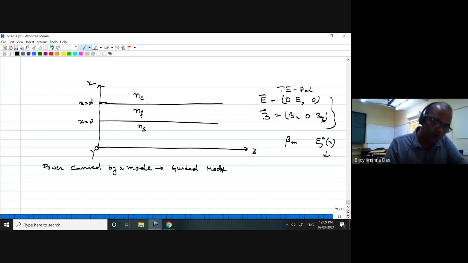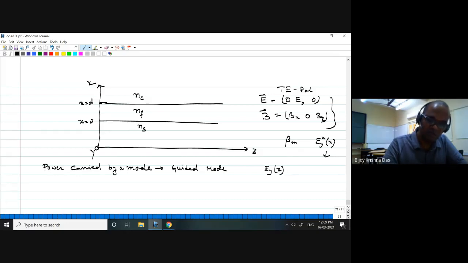So now I have a waveguide and the feasible solutions for guided modes. If you concentrate on TE polarization, the electric field will have only a Y component, with a confined distribution along the X direction.